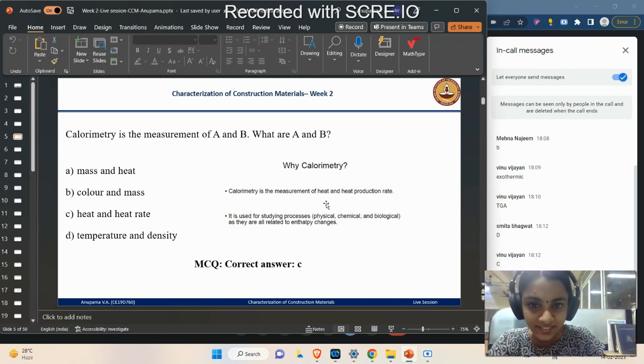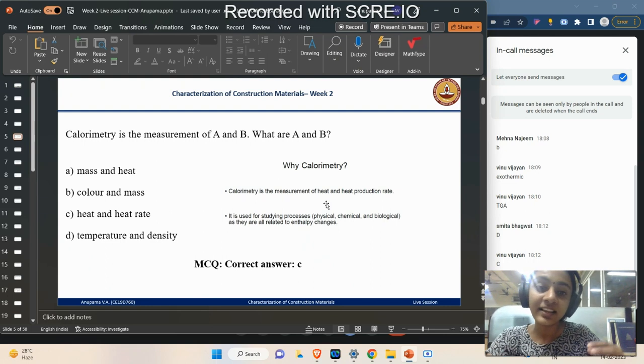So by analyzing how much heat is produced or the rate at which the heat is produced, we can get to know more about the sample. So it's the measurement of heat and heat rate. Sorry, it's not temperature and density. Yes, temperature is measured in the case of adiabatic calorimetry, but it's not density either. So the correct answer is heat and heat rate.